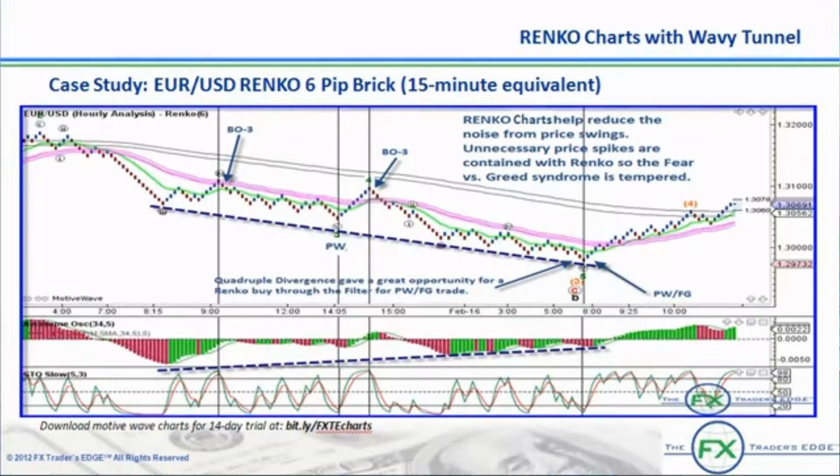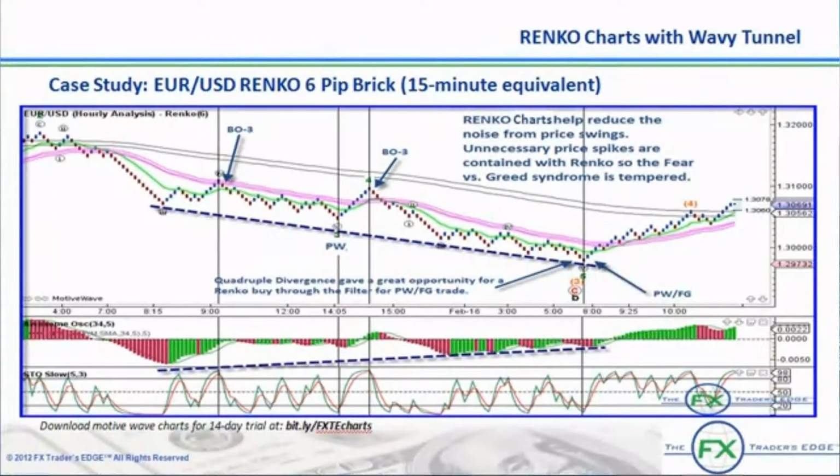Taking the first breakout 3 trade, price is contained by the wave, and the stochastic is at a very nice overbought position. Remember, sell on strength. At the PW trade for the green wave 3, there is divergence in the awesome oscillator, and the stochastic is oversold for a buy.